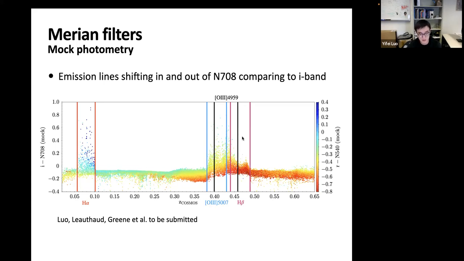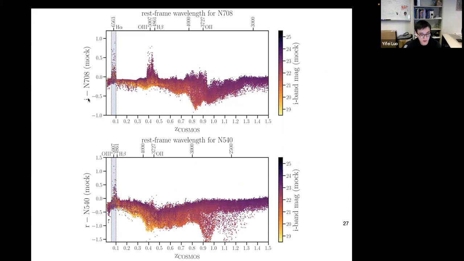However, you guys have many more narrowband filters, which I would say is much better for this case. So this is another look at the I minus N708 and R minus N540 as a function of redshift for the mock data. You see lots of excesses at redshift 0.1 and also 0.4, and some excesses at redshift 0.9.